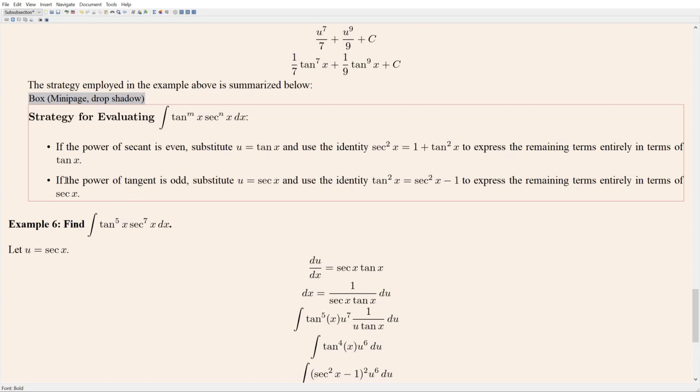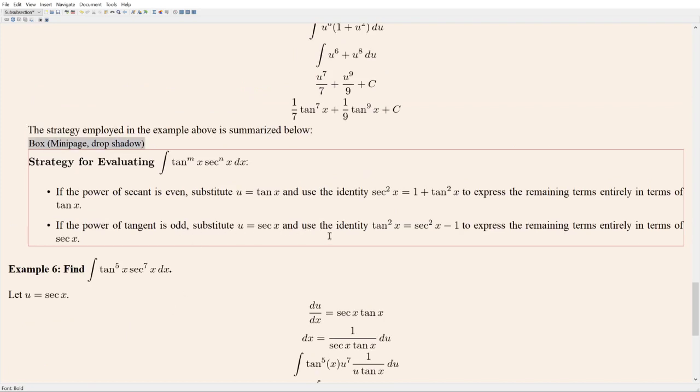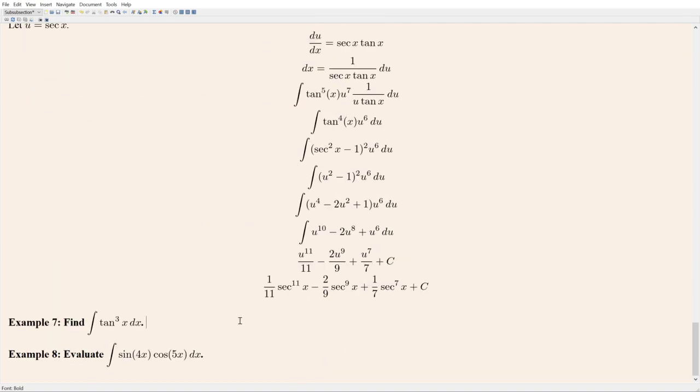In any case, if the power of the tangent is odd, then you proceed. Well, indeed, the power of the tangent is odd, so let's just proceed with the rest of this procedure, and it will actually work, even though there's no secant. I think. I hope. Is that what we do? Yeah. We can do that.